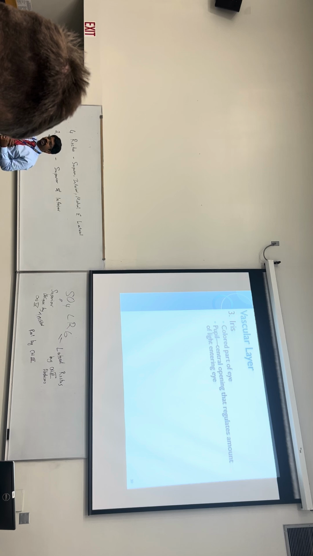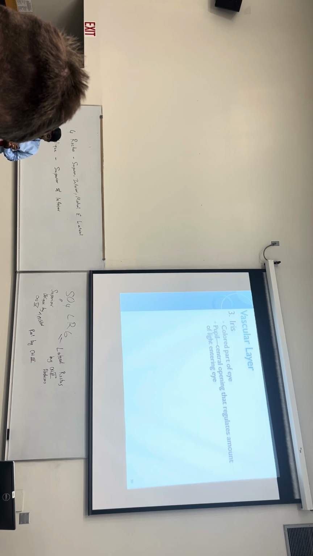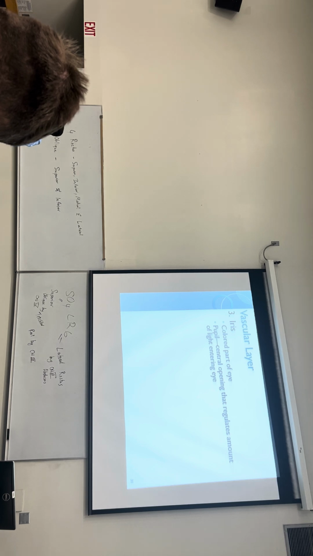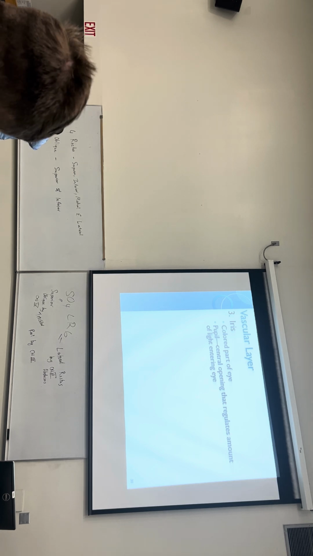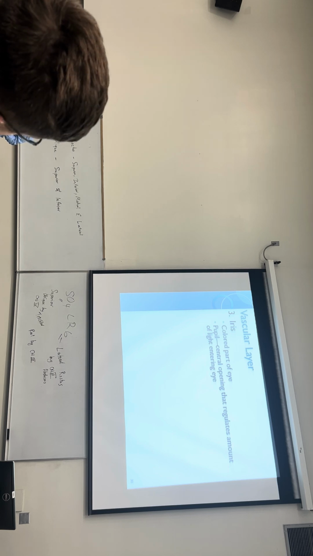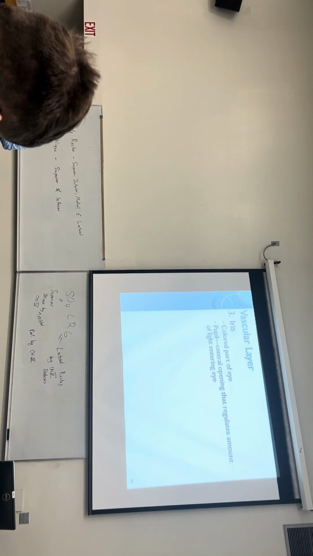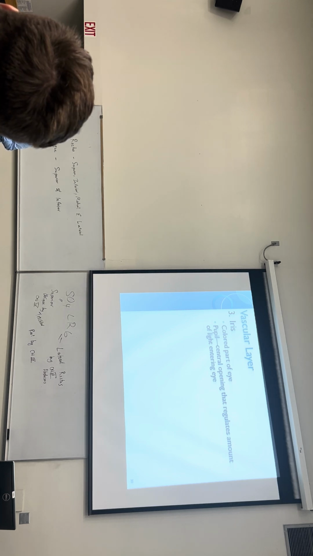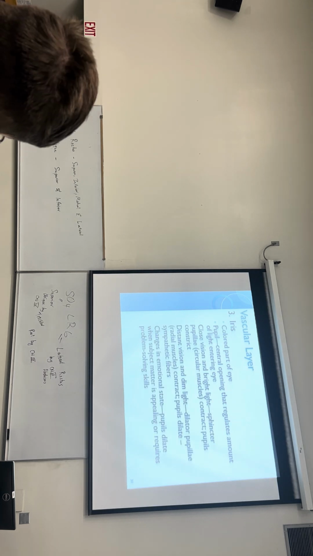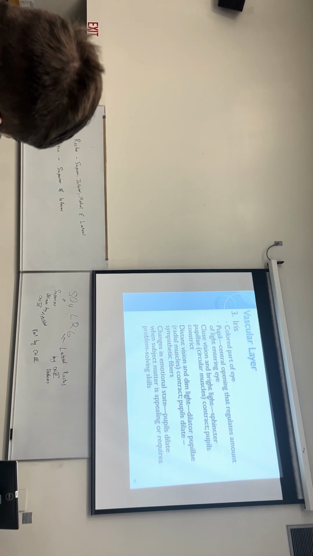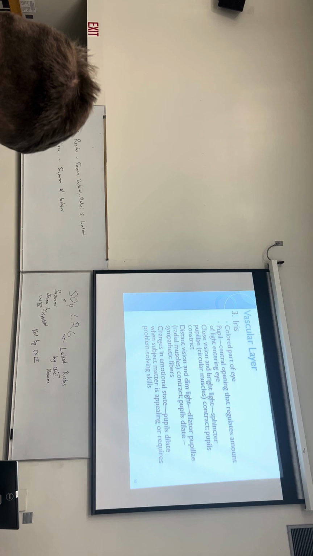The pupils will constrict. We have two muscles in our eye, one to help it dilate, one to help it constrict. Which one would be activated by the sympathetic? We have a dilator pupillae and then a sphincter pupillae, or constrictor pupillae.